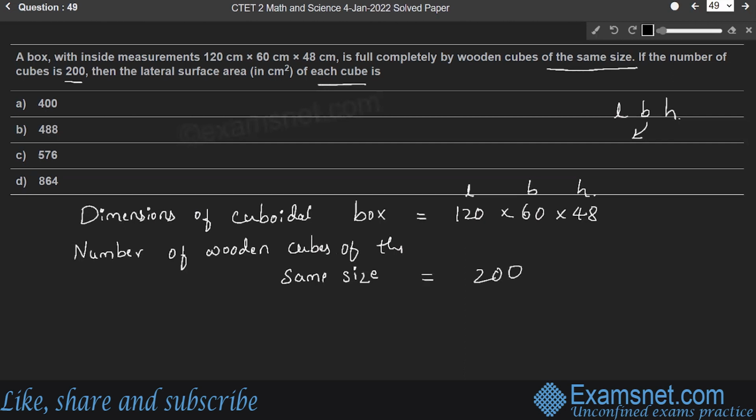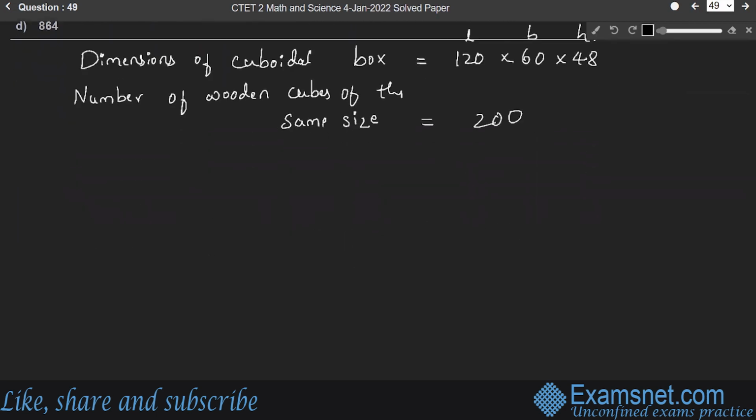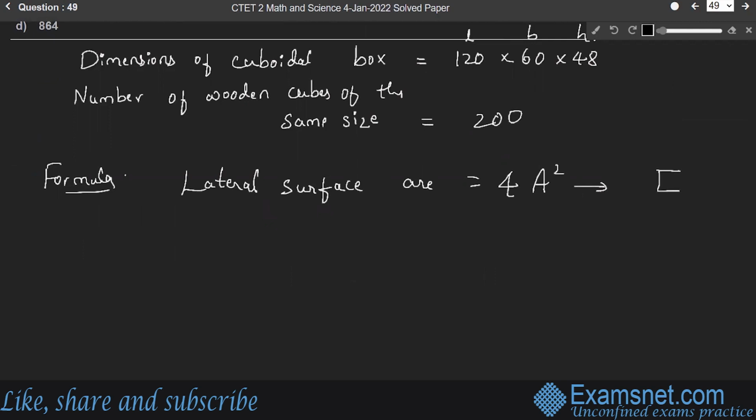So here lateral surface area formula used. Lateral surface area is equal to 4a square. What is a? Measure of each side of the cube. That means the small cube whose dimensions are same. That is length, breadth and height are same. Right? So 4 into a square, the measure of side whole square into 4.